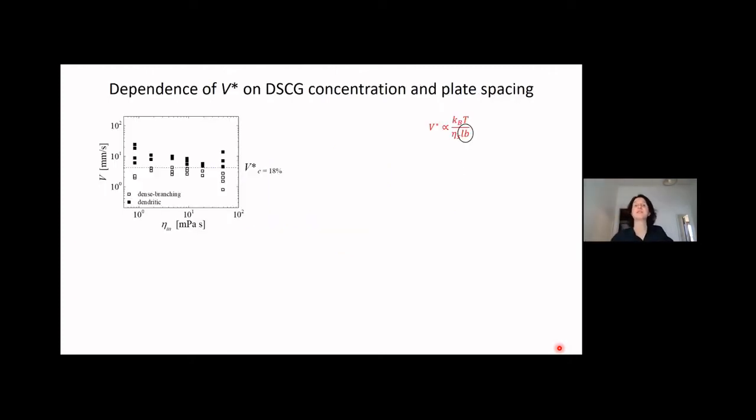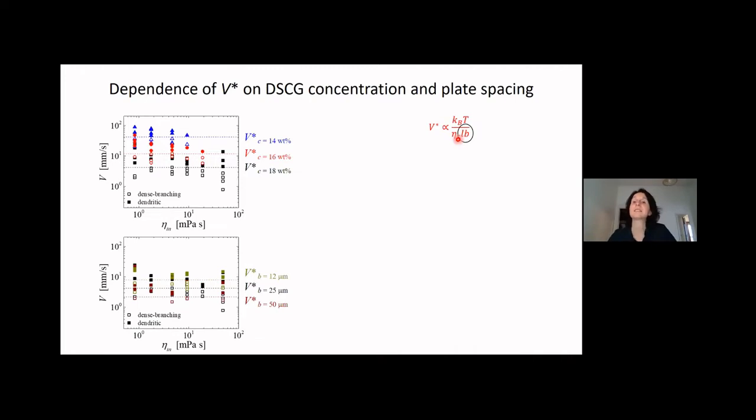So I previously showed you an experiment at a fixed concentration, so fixed aggregate length and a fixed gap spacing. Now, changing both the concentration of DSCG in water and the plate spacing change the morphology transition.